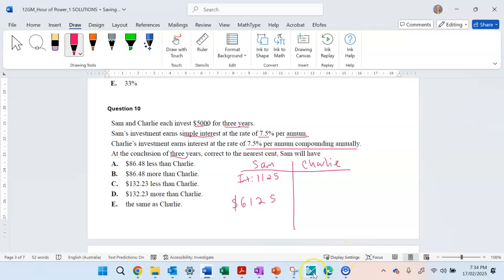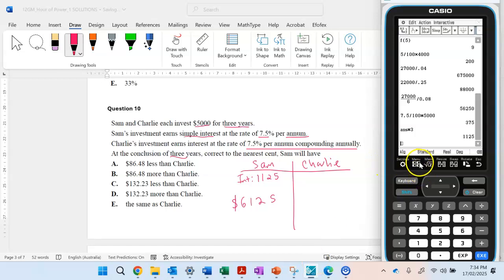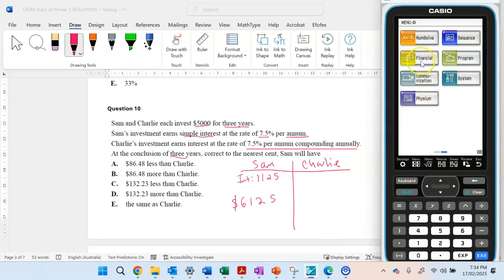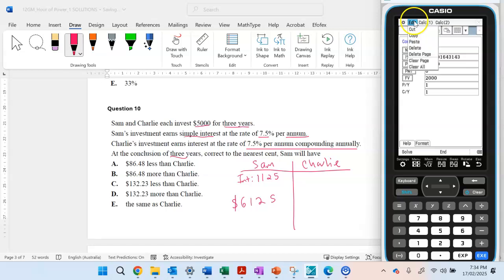Now with Charlie, because it's compound interest, I prefer to do it straight into Financial Solver. It's probably quicker to do it elsewhere, but Financial Solver is something you probably haven't used much, so it's a good idea to start using it. Charlie's is compounding annually, so N is 3, and the rate is 7.5%.